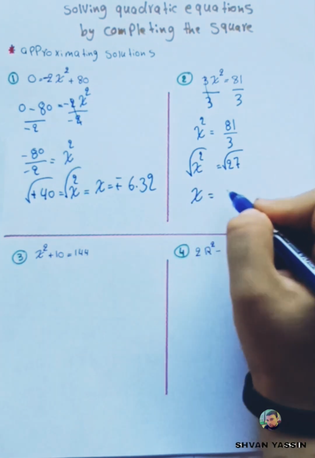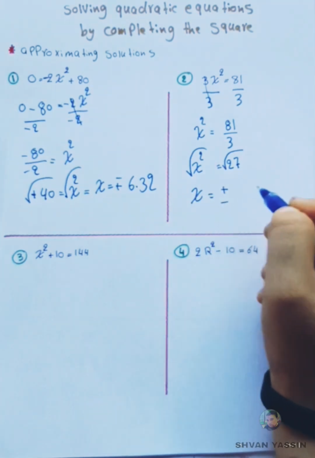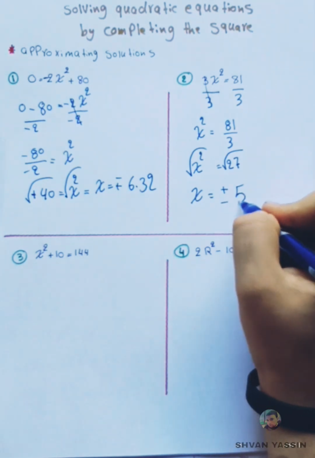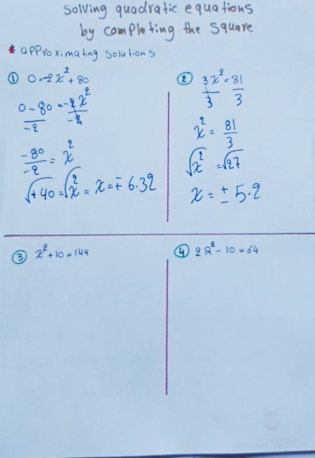The value for x is positive or negative the square root of 27, which is approximately equal to 5.2. So the value for x is negative or positive 5.2.